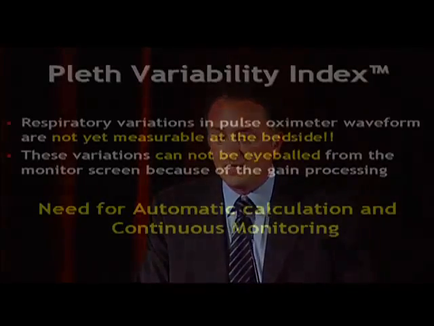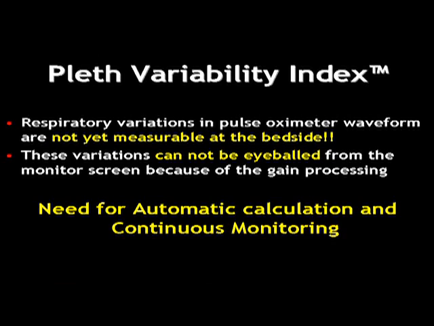And so there was a need for automatic monitoring of this parameter, and that's when Masimo came with the Pleth Variability Index. That is a software allowing for the automatic and continuous monitoring of this respiratory variation in the SpO2 waveform.